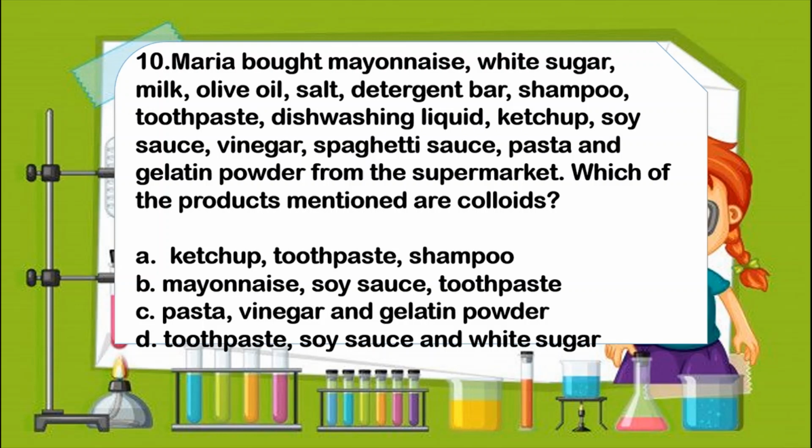A. Ketchup, toothpaste, shampoo. B. Mayonnaise, soy sauce, toothpaste. C. Pasta, vinegar, and gelatin powder. Letter D. Toothpaste, soy sauce, and white sugar. The correct answer is letter A. Ketchup, toothpaste, and shampoo.